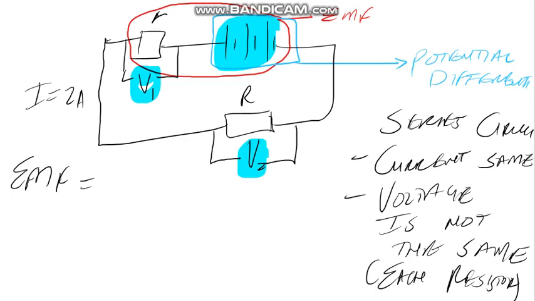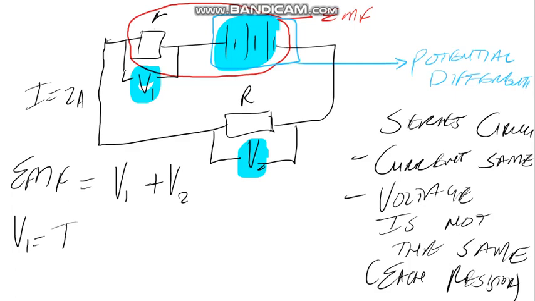So remember, EMF is the total voltage, so it's V1 plus V2. It's the combination of the voltage across the internal resistance and the voltage across the external resistance, the bigger R. To calculate V1, it's current times resistance.